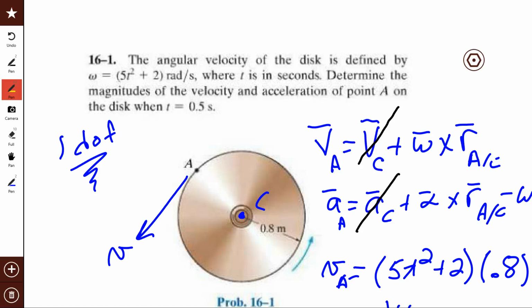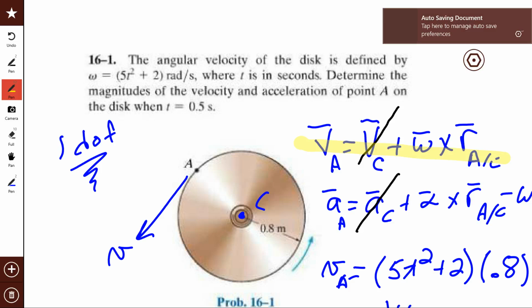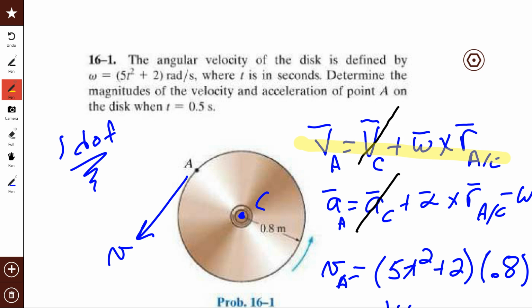Okay, I now know I've got A and I've got C. What does this equation right here do for you? Where does it come from? Right here. Velocity of point A equals C plus omega, of the body they're on, the disk, cross R. From where to where?